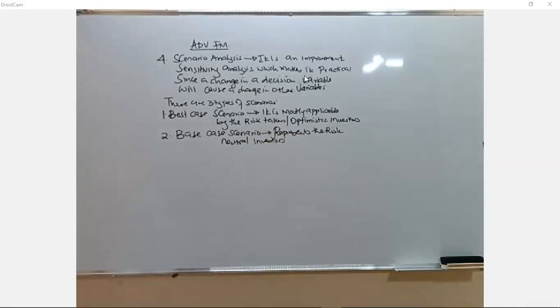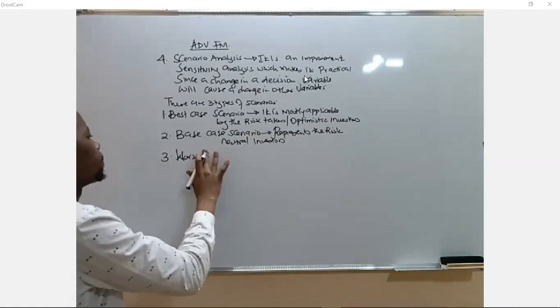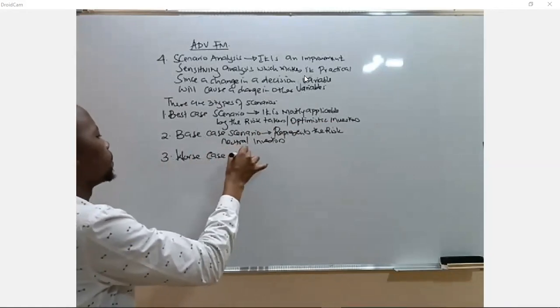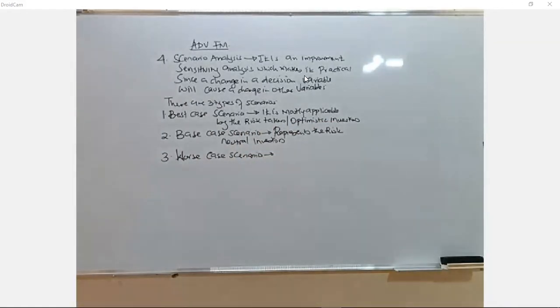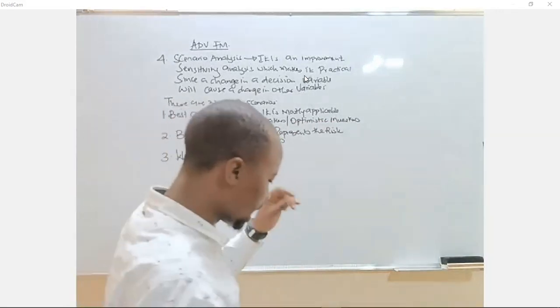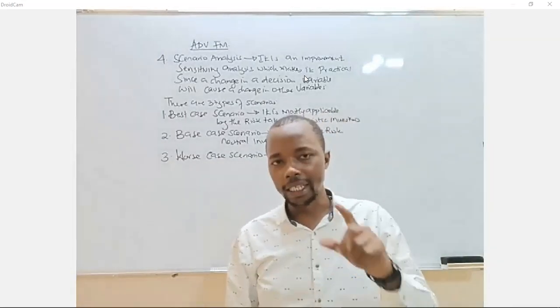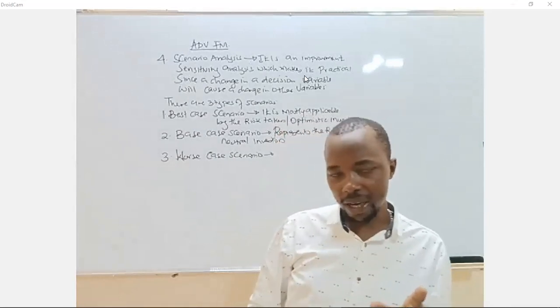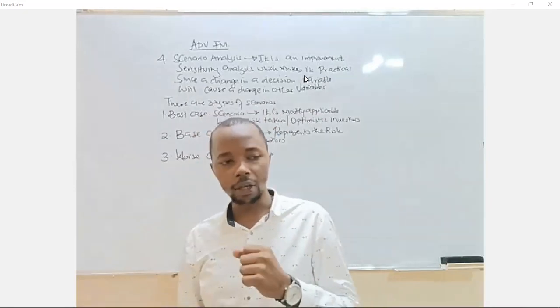Then we normally discuss number three, where we talk about the worst case scenario. The worst case scenario represents the risk averse investors, the people who want to make investments in areas where they are not going to lose anything. Because in investments, every time you are making your investments, always know very well that there must be probabilities assigned to those risks that you are undertaking.